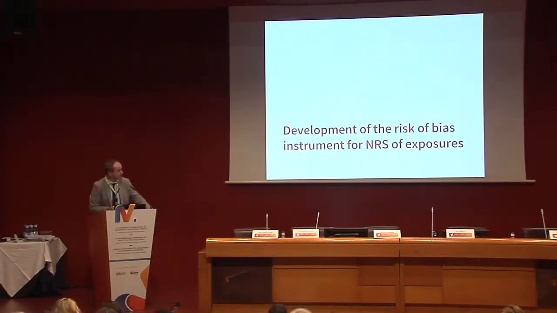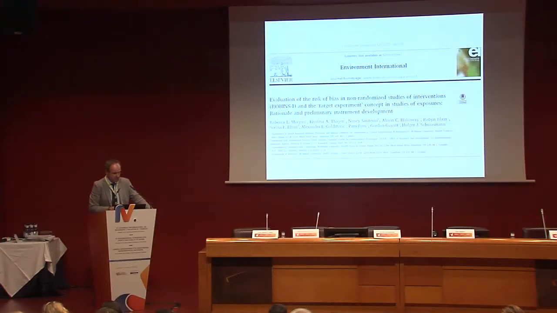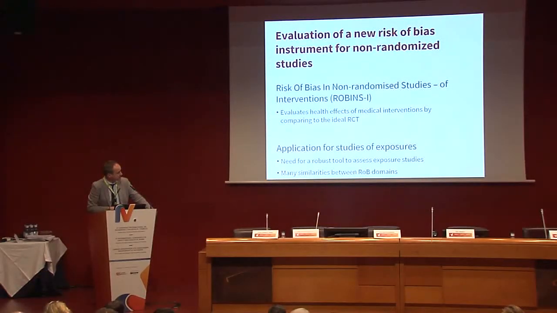This is of greater interest for those of you who do research. This has been published, and I want to acknowledge Rebecca there, this is part of her PhD. It's been published this year in Environmental Health. We evaluated a new risk of bias instrument for non-randomized studies, which these studies often are.